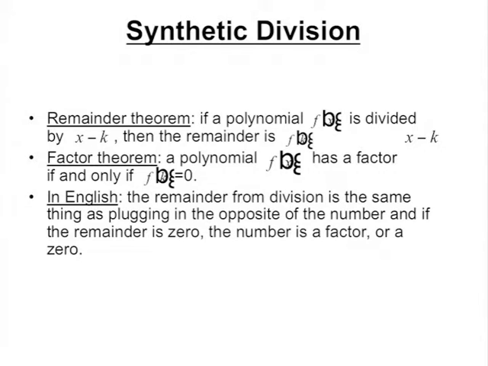The factor theorem says that if a polynomial has a factor of something, then it should have a remainder of 0. Factor means divides in evenly, which would mean no remainder. So what these say when we put them together is the remainder from division is the same thing you get when you plug in the opposite of that number, and if the remainder is 0, then that thing is a factor.